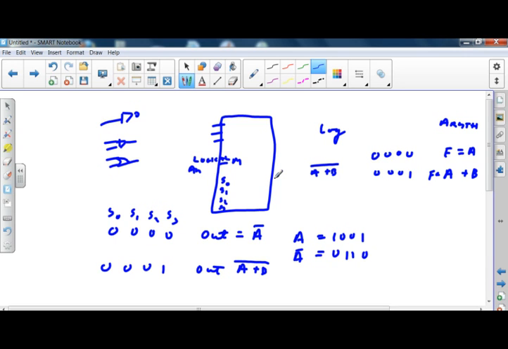So on page 293, it shows that I've set up my arithmetic logic unit to be a 4-bit adder.